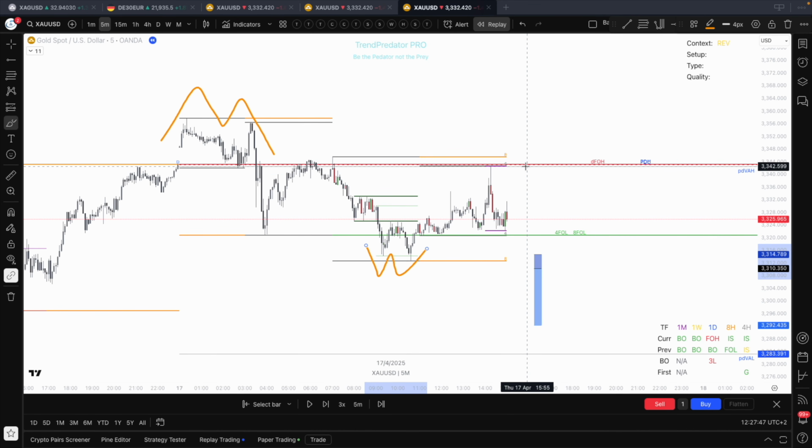And you see here, as long as we are below the daily fake out level, we will never go long. So we need to be up here for a long, and for a short, we definitely want to lose the 8-hour fake out low level, or even the 8-hour level. On the other side, we have potentially a trap here.